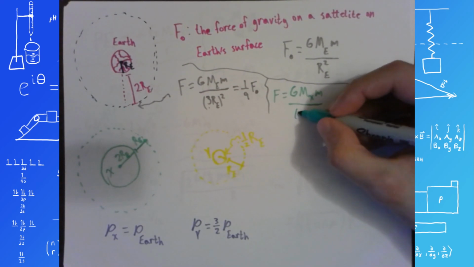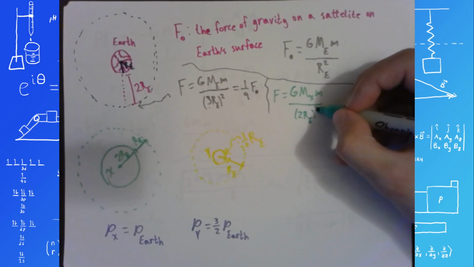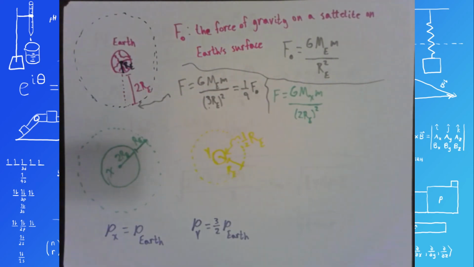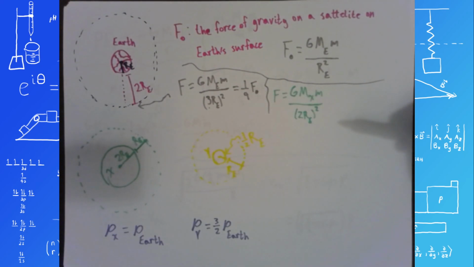The radius of planet X is 2 times the radius of Earth. So we've got that part down. But what is the mass of planet X relative to the mass of planet Earth?